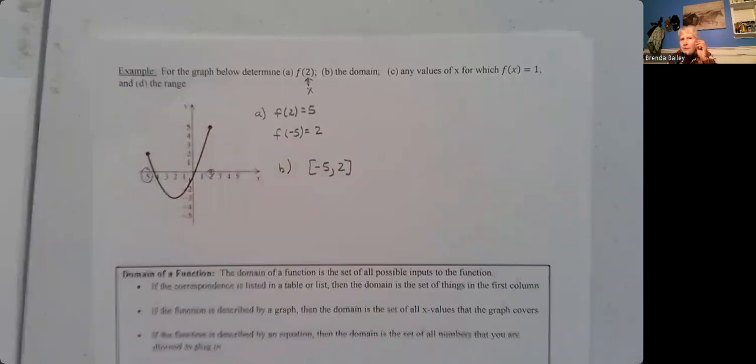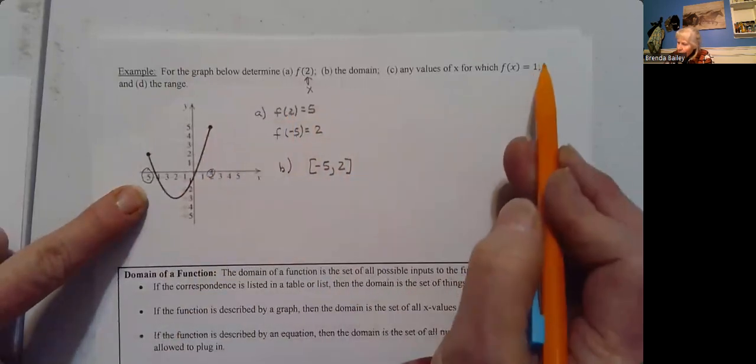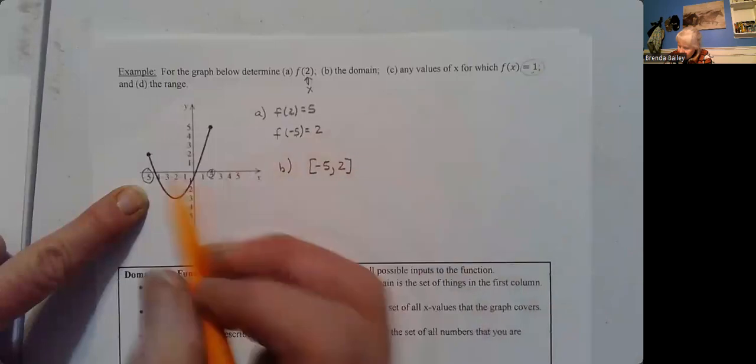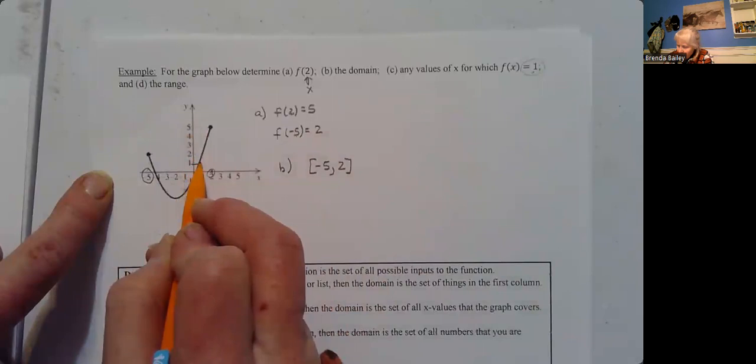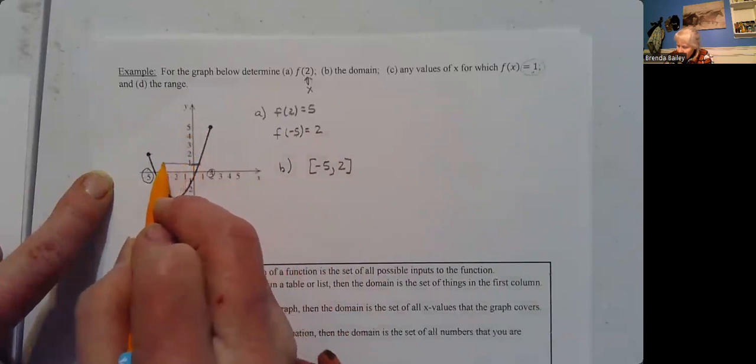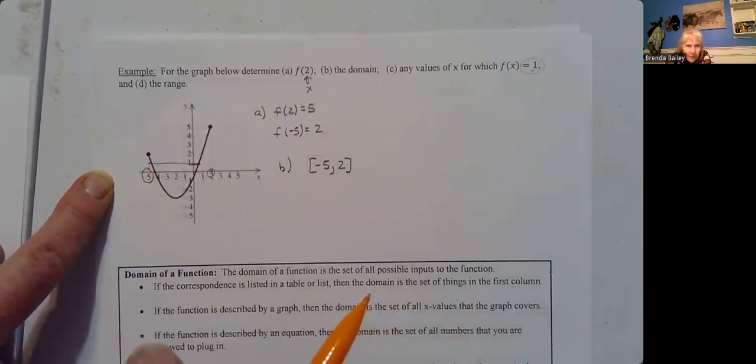Any values of x for which f of x is equal to 1. So now, rather than giving you the x of 2, now you're given the y value. What x's give you a y value of 1? Well, there's this one, and that is not on the graph exactly, but I guess we'll just have to estimate.